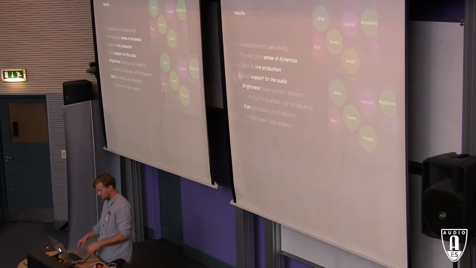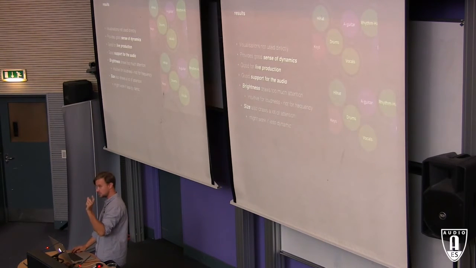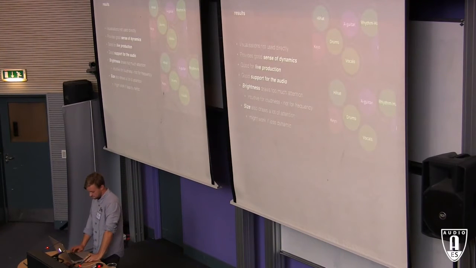There were comments that it might work if it was less dynamic. So if we would average loudness over time, it would be more static widgets that had a size that wouldn't change as rapidly, because it's this change in the visuals that takes away the attention. Size may also lead to clutter, which we don't want.